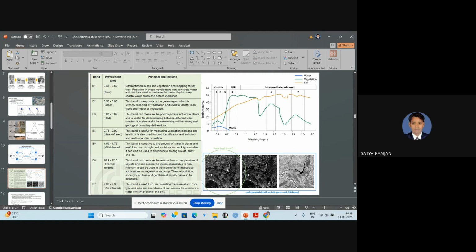This is the picture when the blue band is there, then the green band, then infrared. In the infrared bands, the water features are clearly visible. So most of the time we use the infrared band for demarcation of water bodies and land feature boundaries and mangrove areas.